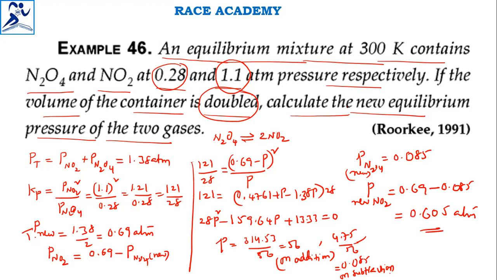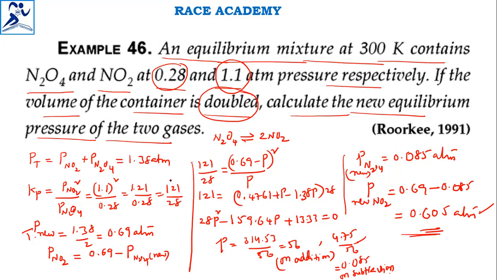So the new equilibrium pressure of nitrogen dioxide is 0.605, and that of dinitrogen tetroxide is 0.085 atmospheres respectively.